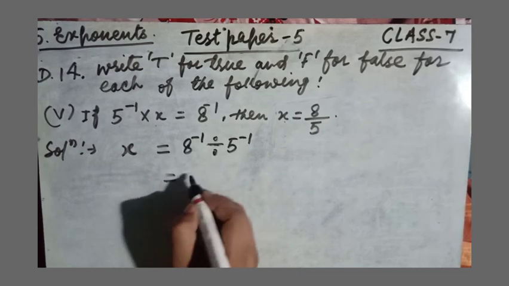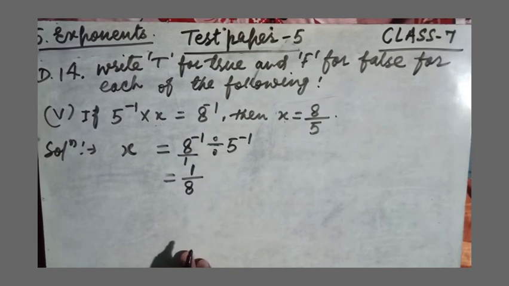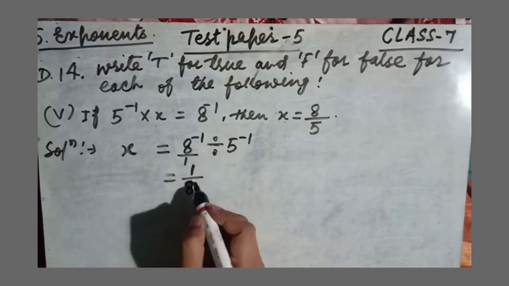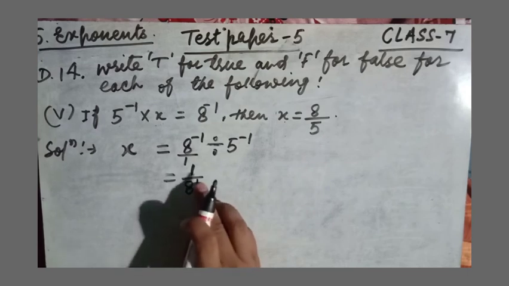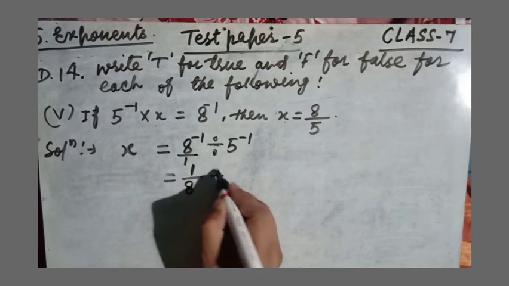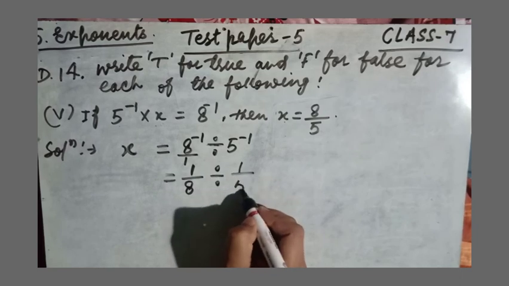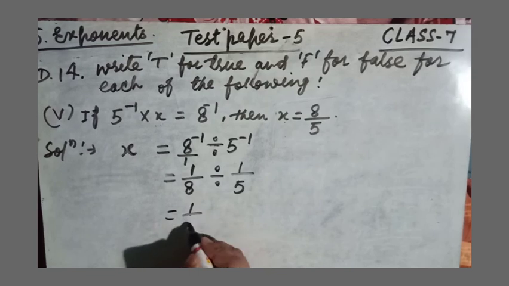Yes, this could be written as 1 by 8. Friends, remember the 1 is hidden, so 1 goes up and 8 raised to power minus 1 goes downward, and this becomes plus 1 as the exponent. Plus 1 is always hidden. Now here the division is once again 5 raised to power 1, so 1 by 5, and plus 1 is hidden. Now this is 1 by 8 as it is.